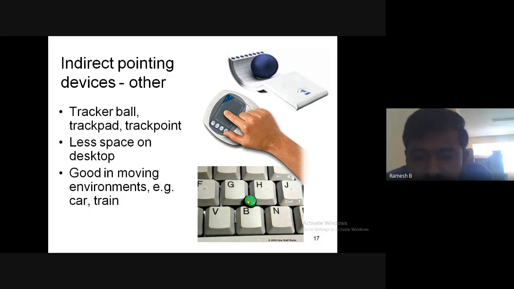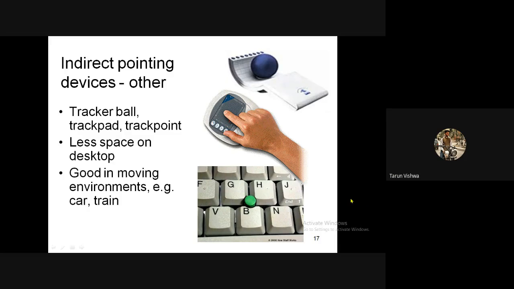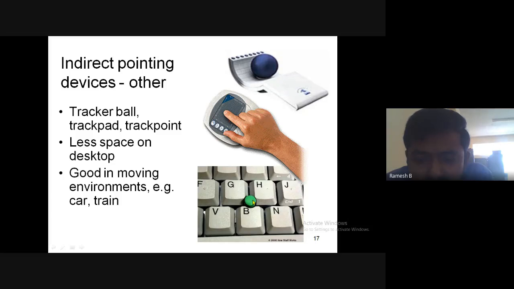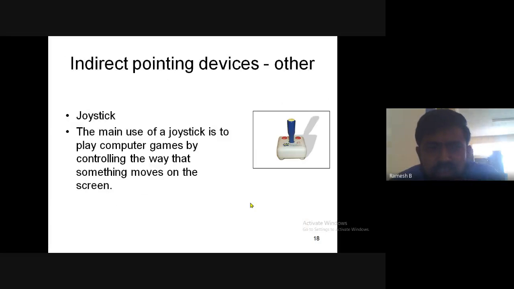Some old laptops had this. You just press in different directions, and a sensitive movement makes the cursor move up and down. Now this is the joystick. Joysticks are used in games to control actions. Similarly, we can find joysticks in our mobiles also.